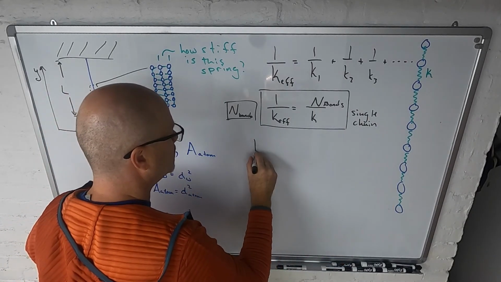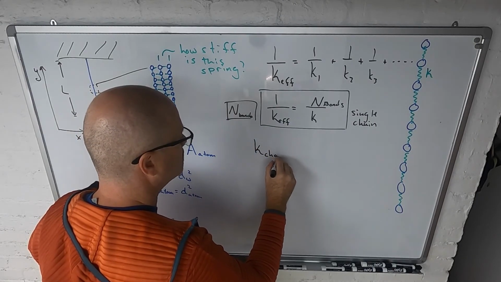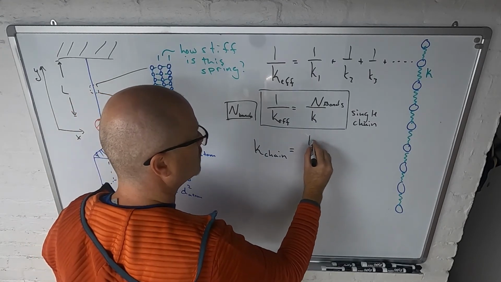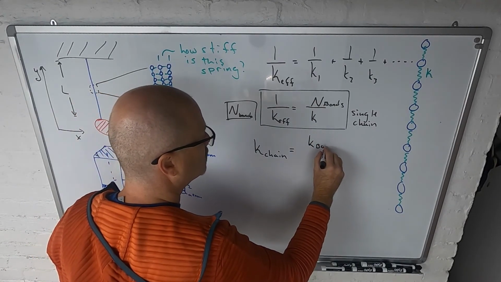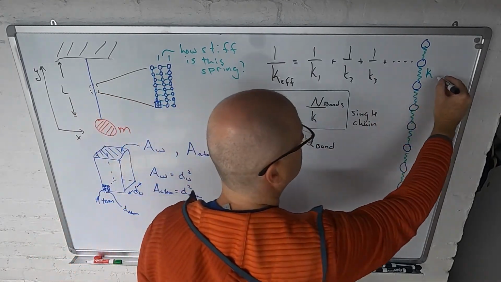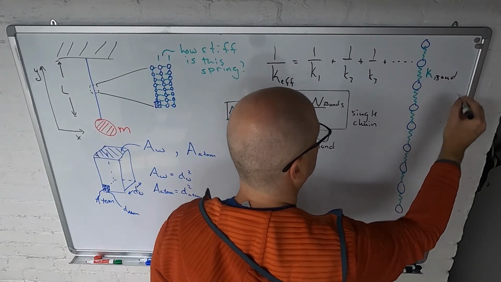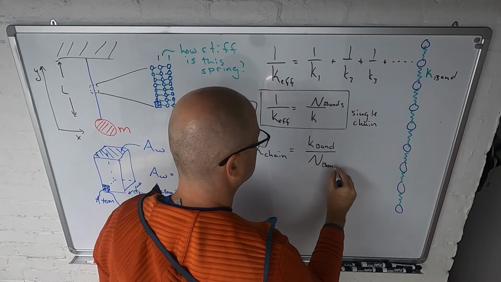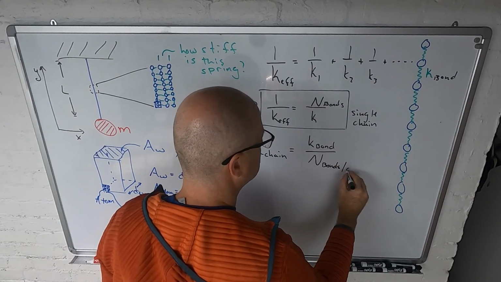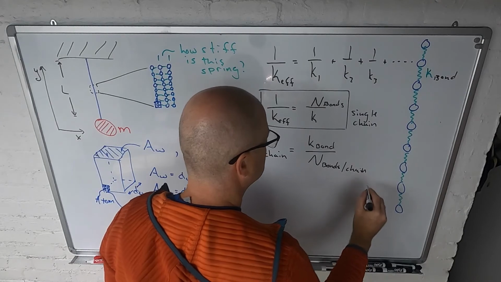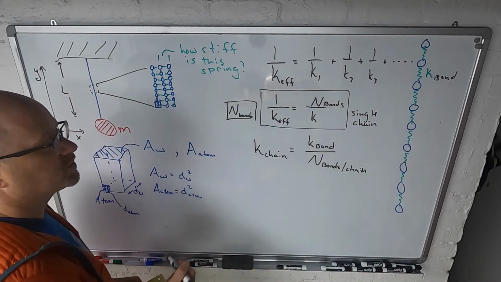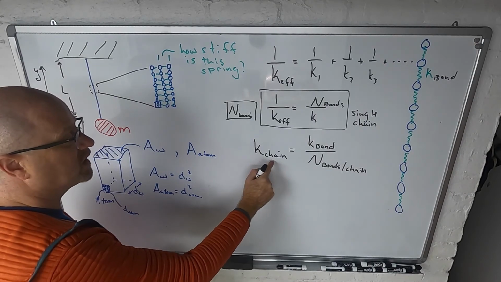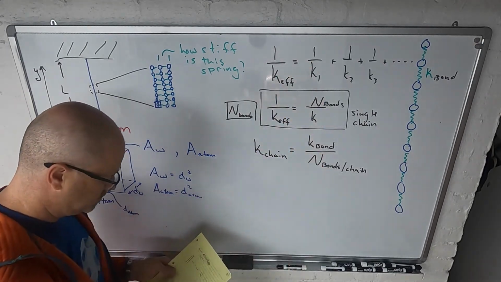I'll just rewrite it. K of a chain of atoms is equal to the K of a bond divided by the number of bonds per chain. That's pretty straightforward. I can get you the effective spring constant of a chain of atoms.